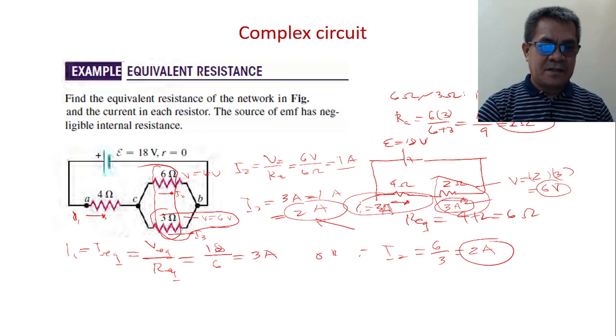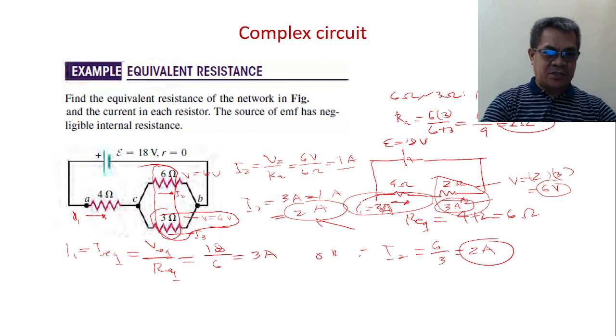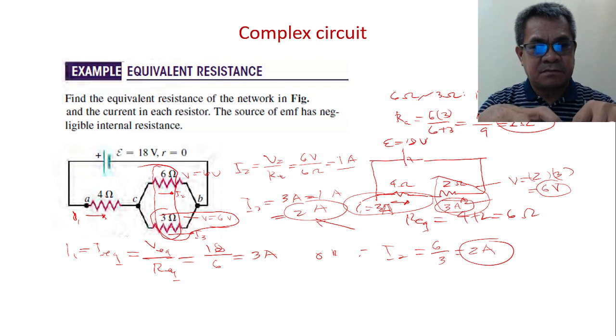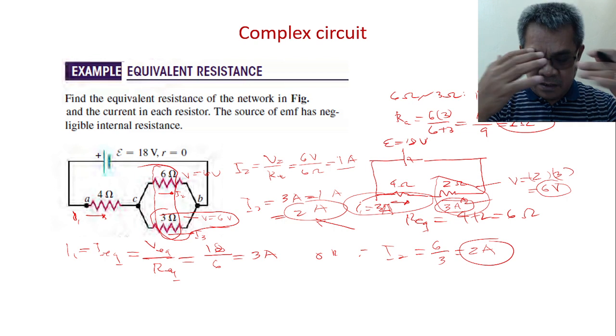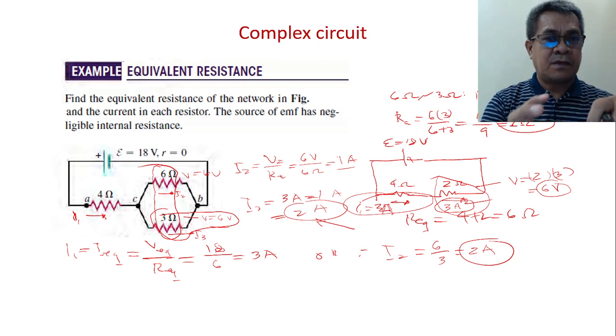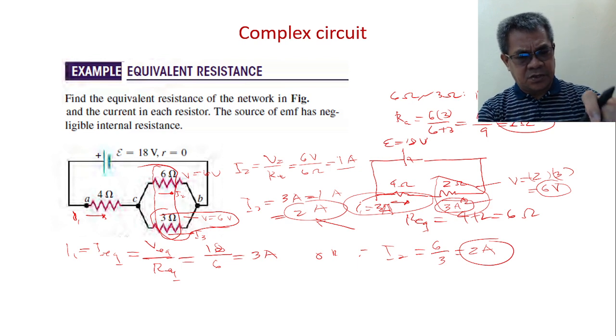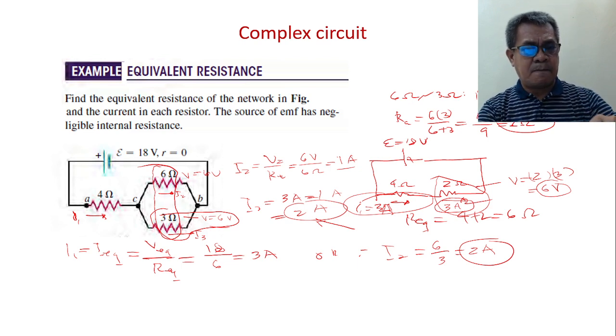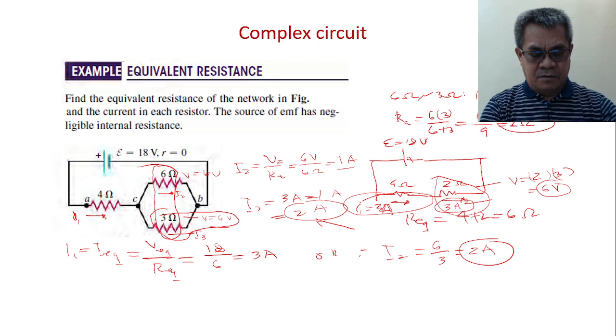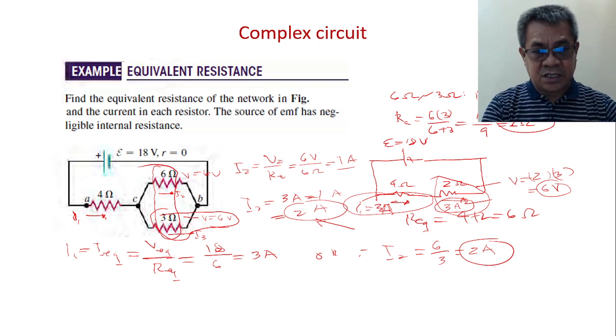Did you notice this is complicated, but this will become simple if you know how to compress the circuit. The idea of complex is to reduce the complexity. Then of course you have to use consistently the formula if it is connected in series or connected in parallel.